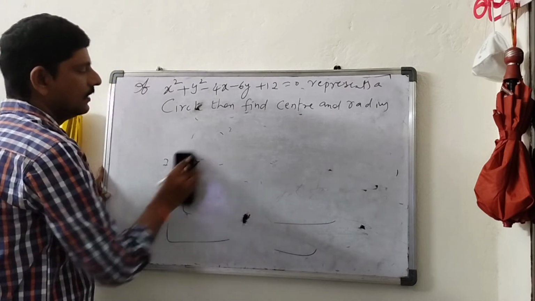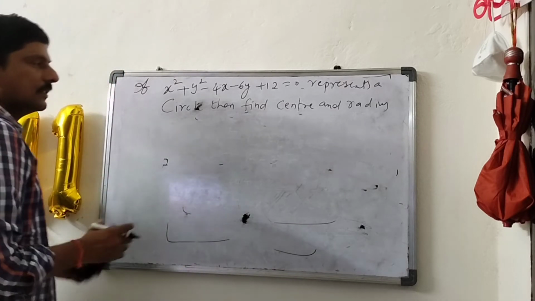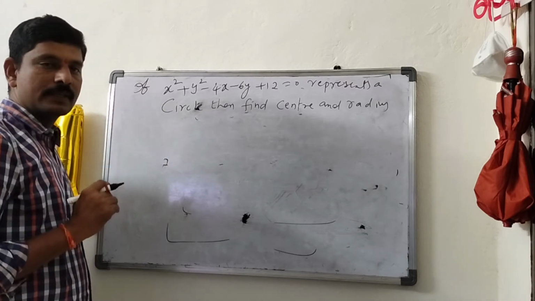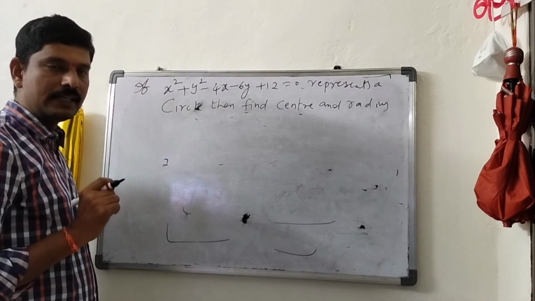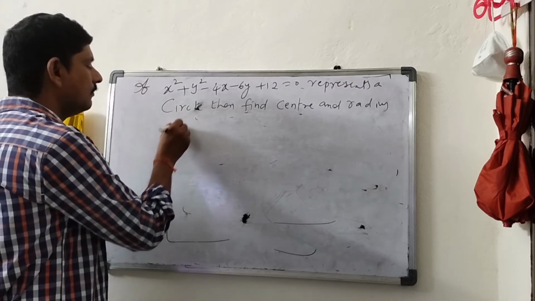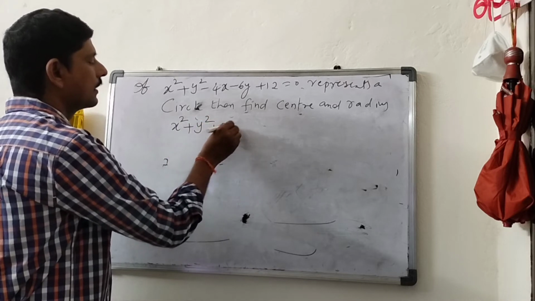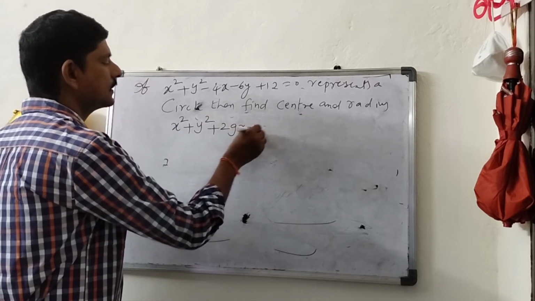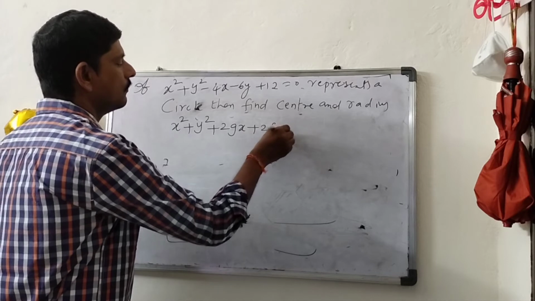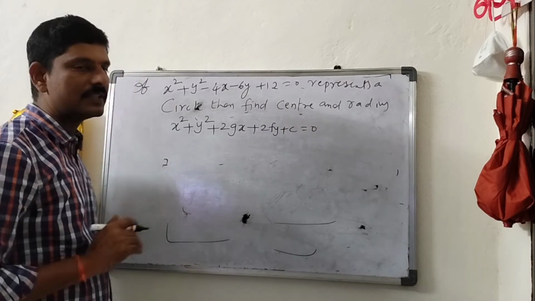Like this question asked in your examination. Okay students, so here how do we find? There is a formula to find center and radius of the circle if circle is in the general form. So what is general form? x square plus y square plus 2gx plus 2fy plus c is equal to 0 is called the general form of the circle.